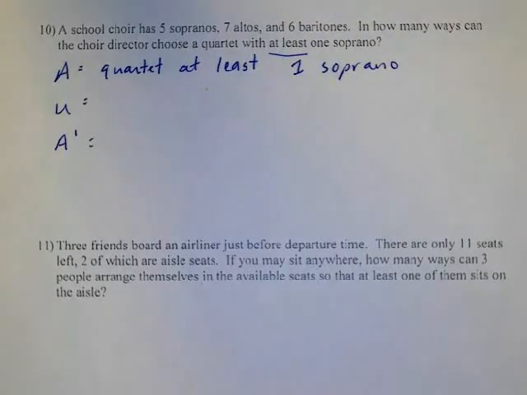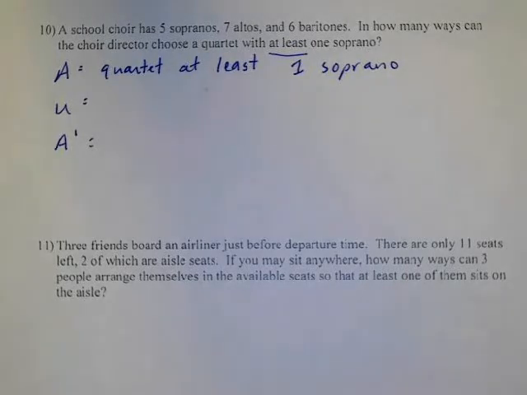You might wonder, well, why do we keep doing it where we find out what doesn't work and subtract? It's because if you think about all the ways it can happen, there's a lot of work. Quartet with at least 1 soprano means a quartet with 1 soprano, or a quartet with 2, or a quartet with 3, or a quartet with 4.